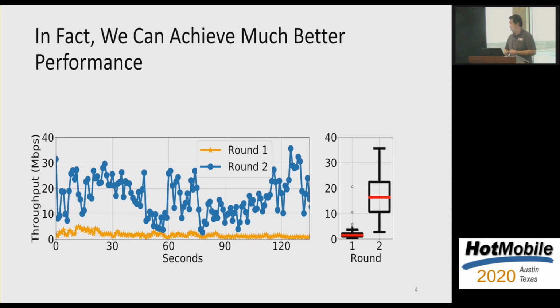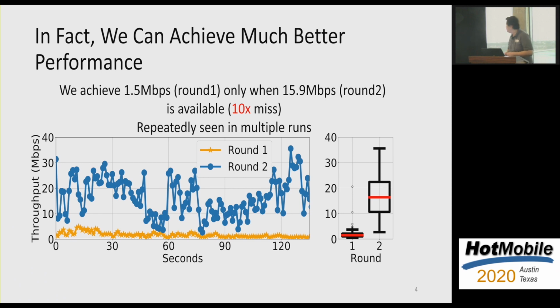But the interesting thing is that if we reset our mobile network by turning the airplane mode on and turning it off, immediately we can achieve a 15.9 Mbps downloading speed. So that means in the first round, about 10 times of data speed is missed.